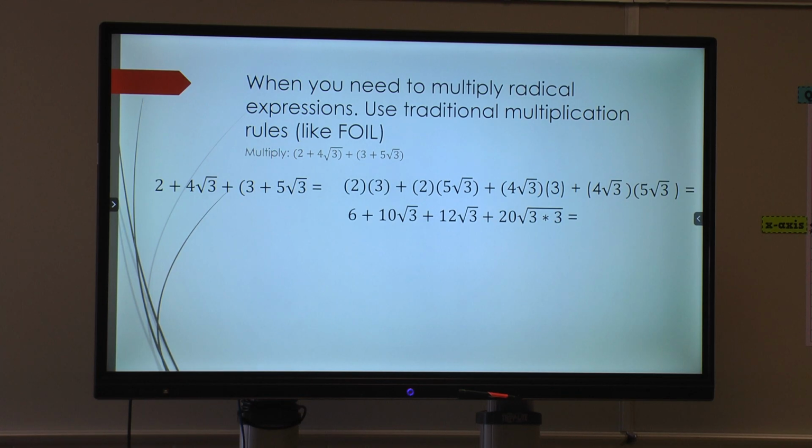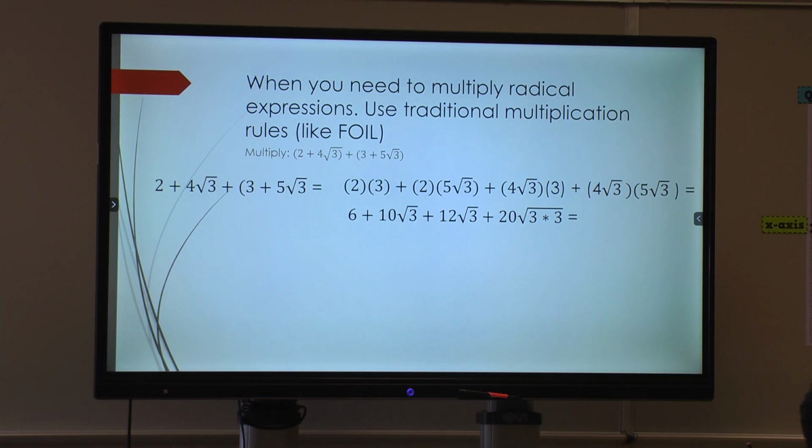Remember, one of them is under a radical, so I won't be able to multiply it. So, what is 2 times 5? 10. Obviously, we can't multiply the 2 into the radical, so we keep the radical 3.